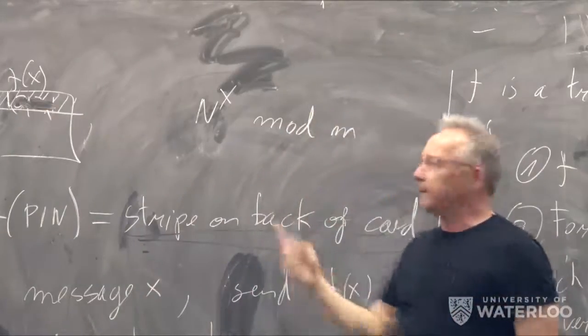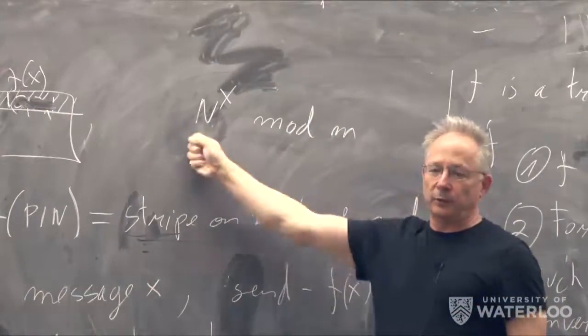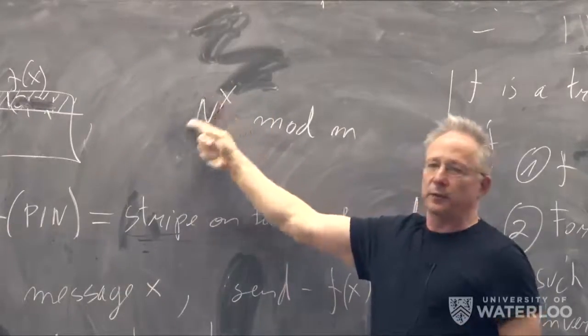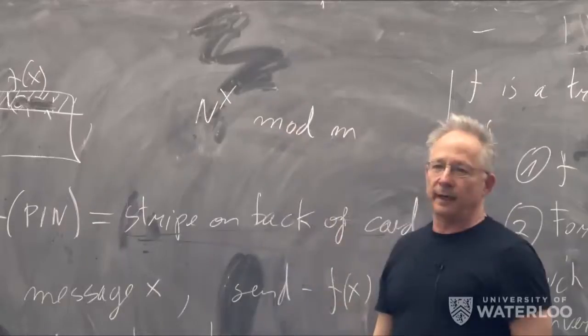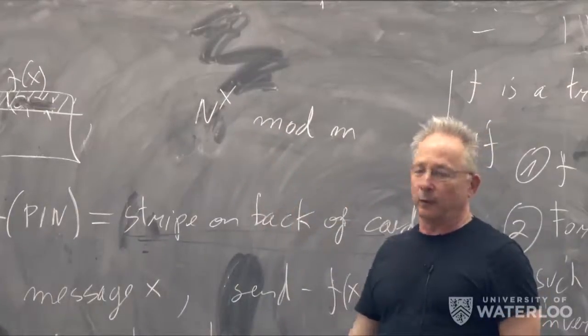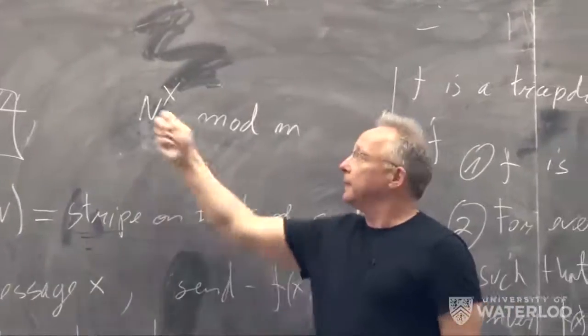This is very easy to compute. You take n to the x, where n is a natural number, and get the answer mod m. But to invert it is very difficult, although you know that the function I used is n to the x.